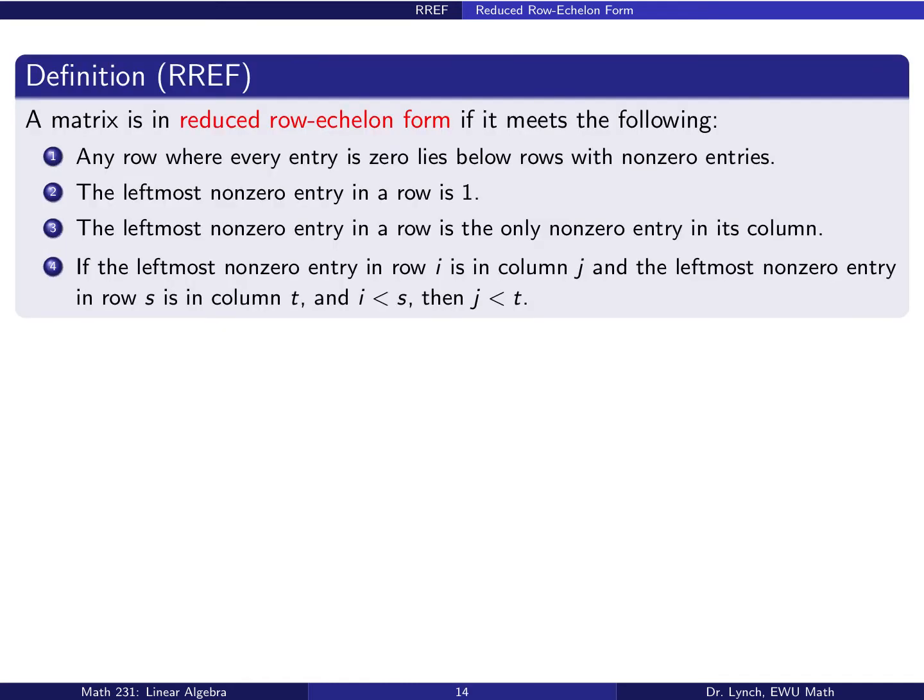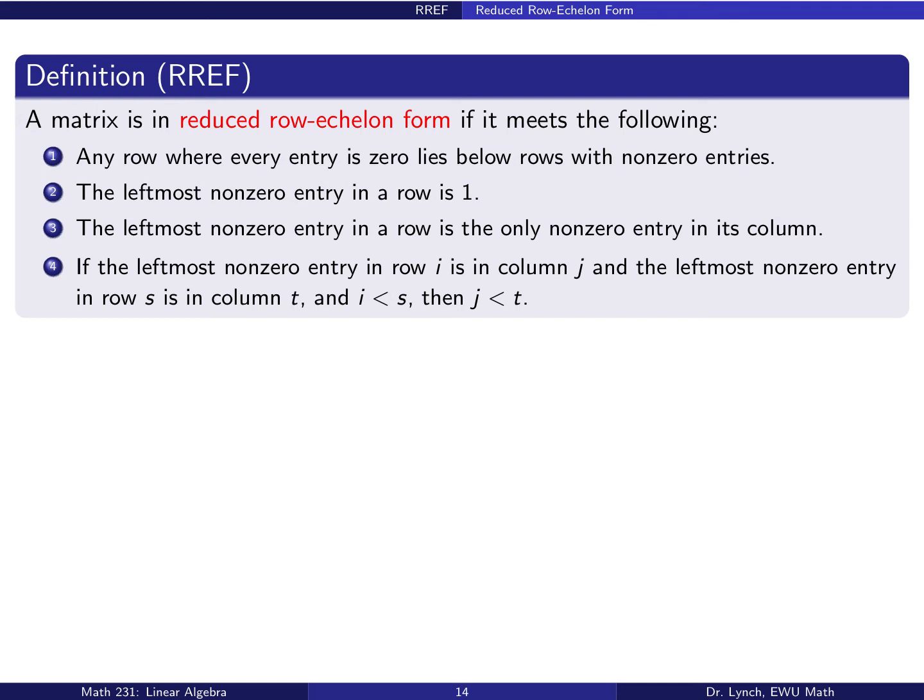So the definition of reduced row echelon form is sort of complicated. There are 4 conditions that you have to check in order to identify that a matrix is in its reduced row echelon form. First, any row where every entry is 0 is at the bottom of our matrix. Second, the leftmost non-zero entry in every row is 1.